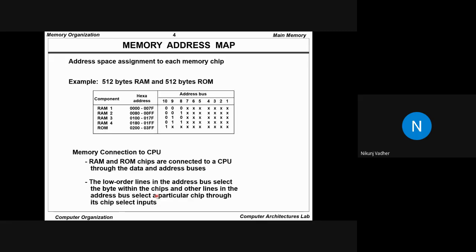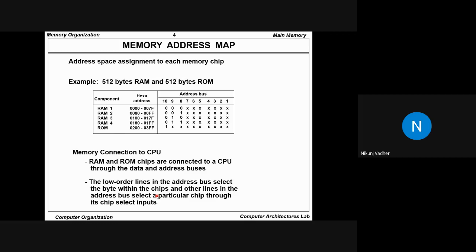Now, how will the memory address map of the RAM chip or ROM chip be created? Here in the scenario, they have given one condition: 512 bytes of RAM and 512 bytes of ROM.